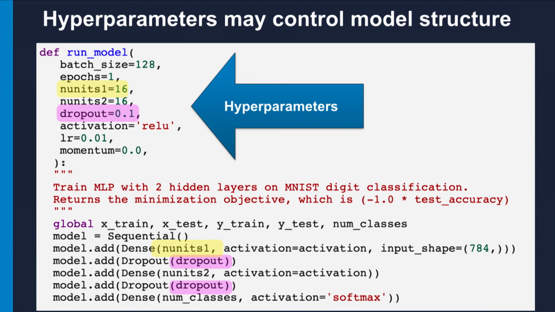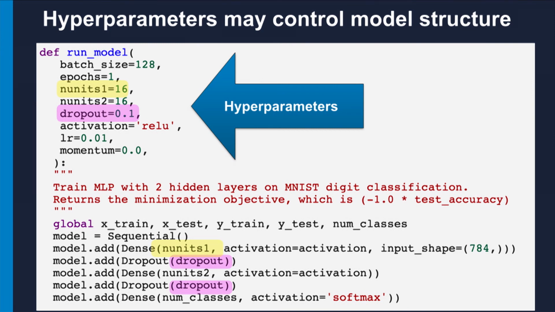You have a function in Python called run model, and this encapsulates the whole process where you build the neural network you're interested in, feed it the data, train it, and return the objective, the thing that you're trying to optimize. In this case, the problem is cast as a minimization, so what we're looking for is minimizing the loss or maximizing test accuracy.